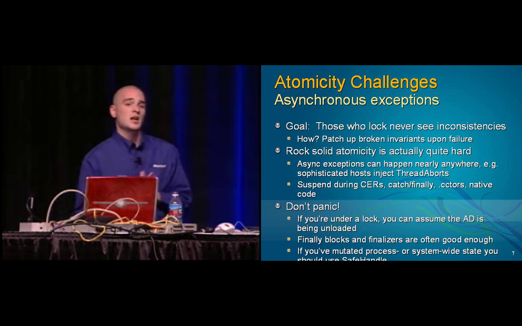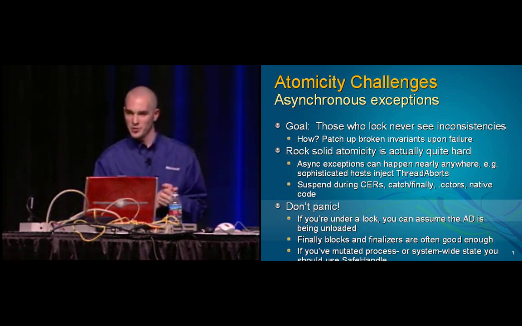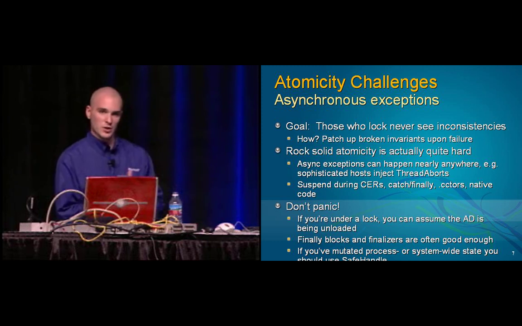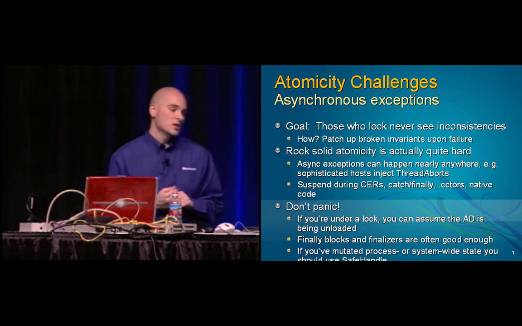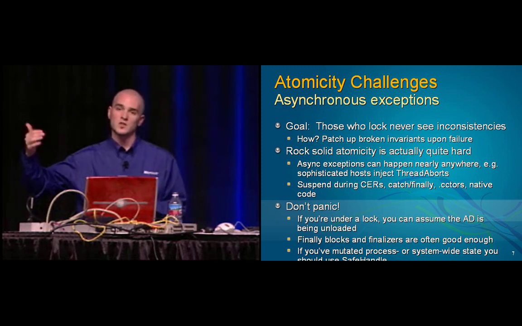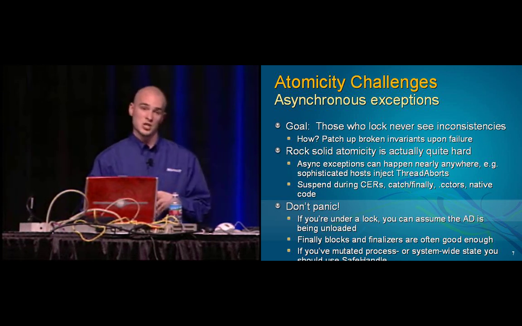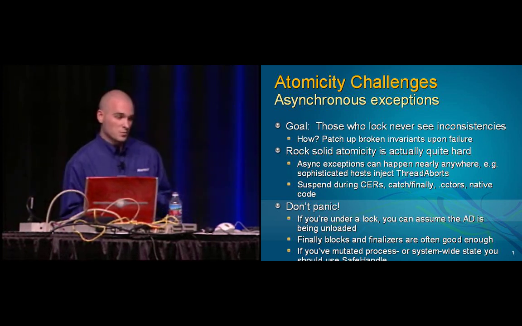But you shouldn't really panic, because the CLR, assuming you're using one of the locks we provide, not something that you've written yourself, which we'll take a look at in a moment, works with the host to make sure that it doesn't inject a thread abort when it would compromise shared state. So if you see a thread abort exception, you can assume that your finally blocks will run, your finalizers will run.